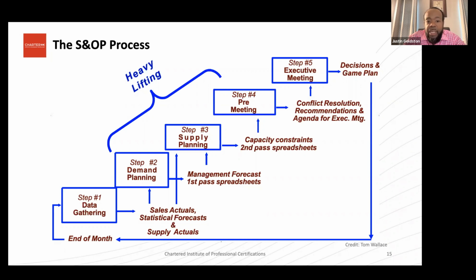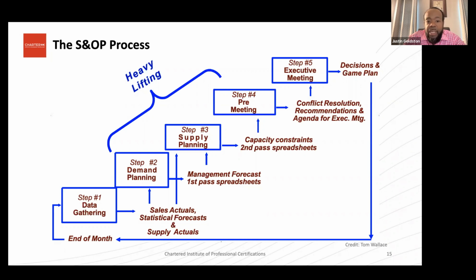Once we've gathered the data, analyzed it, digested it, and created preliminary spreadsheets to prepare for the meeting, then we go into the pre-meeting planning to discuss some of the findings of the demand planning and supply planning efforts.